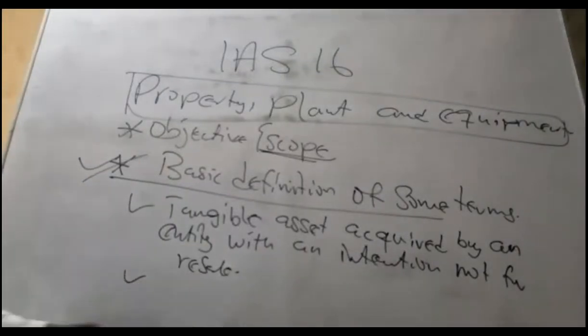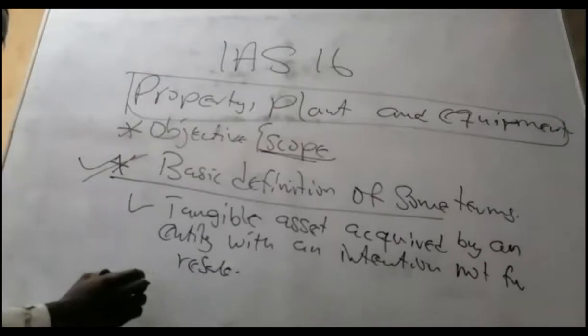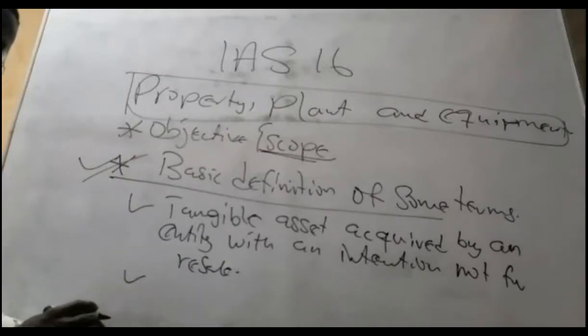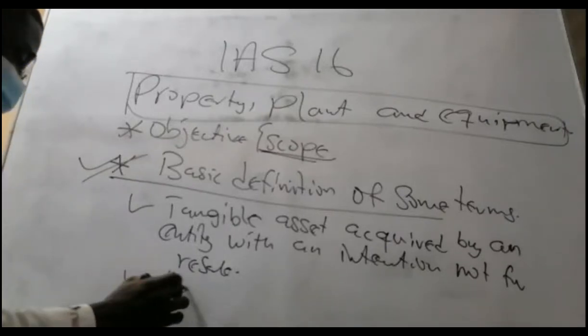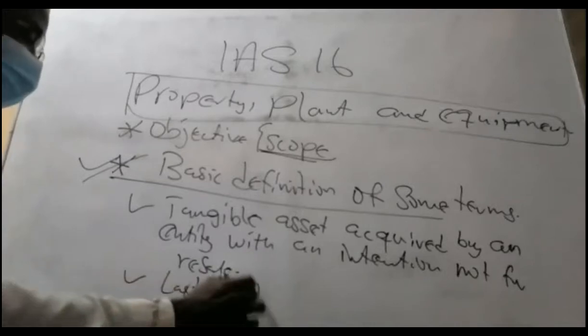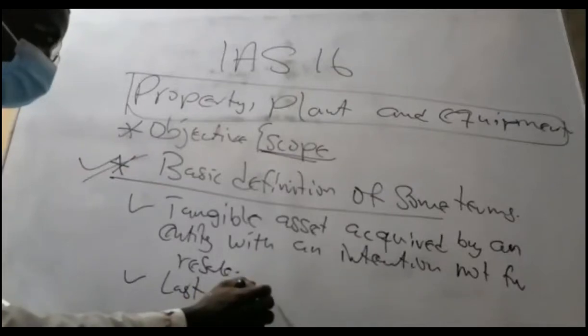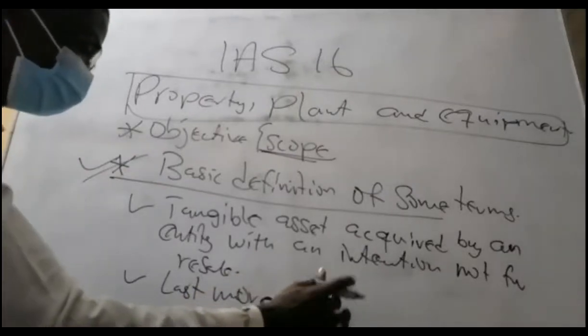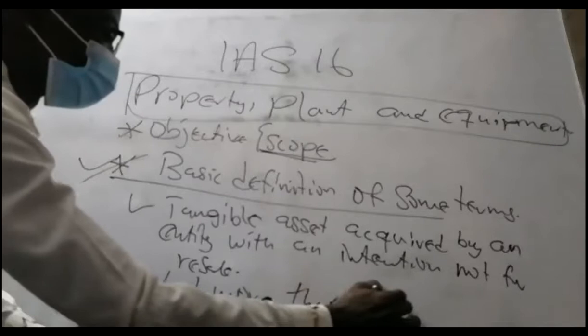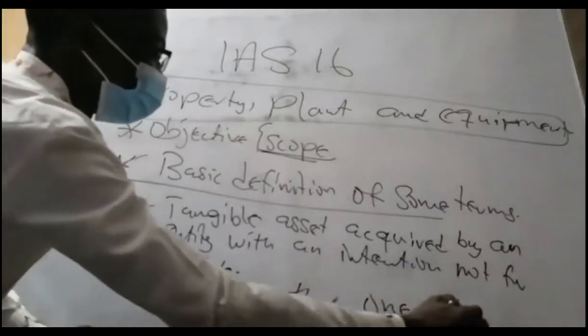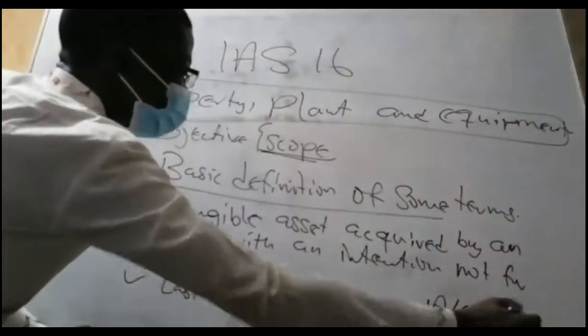But for use in the production of goods and services, and for rental, which lasts for more than one accounting period. So they last for what? More than one accounting period. So that's PPE.